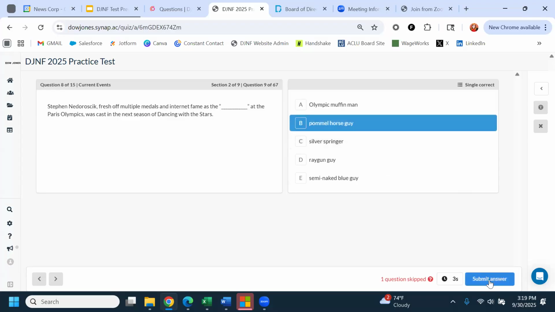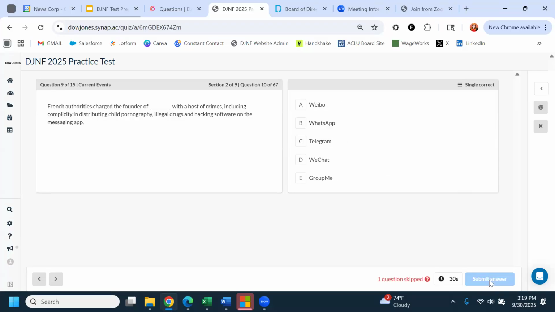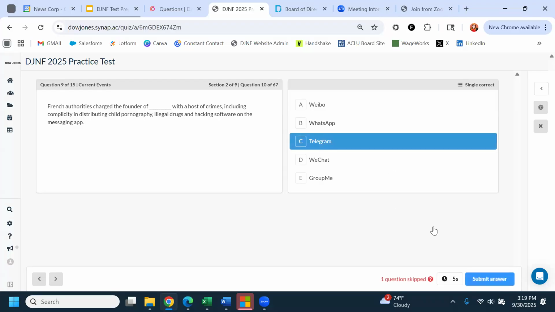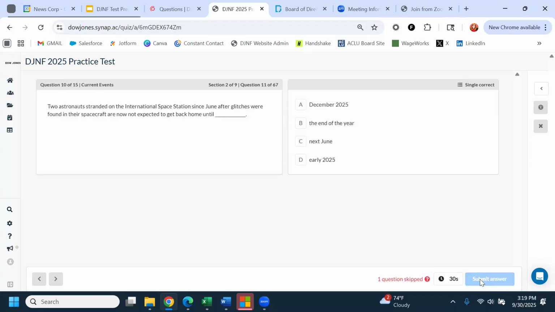I have to get it before the timer. If you don't hit it before the timer, you don't get the credit for the point. It's a Telegram. Telegram? Oh. Very good. You got it in time.